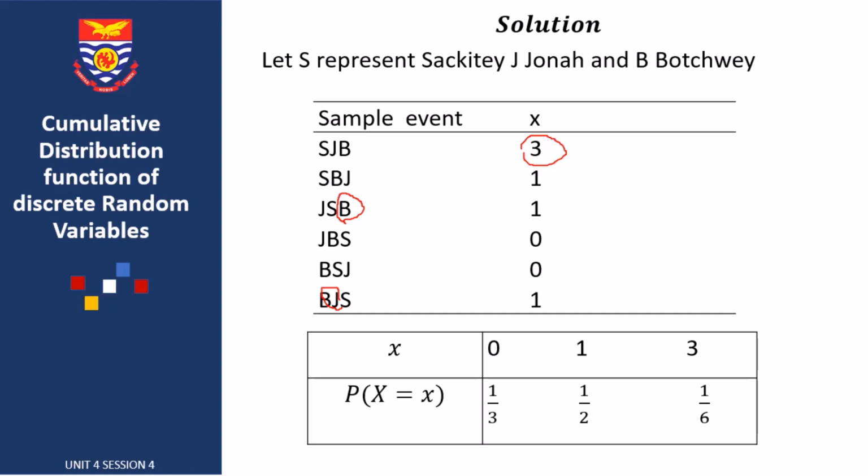And out of the 6, we have 3 ones. That will give us 3 out of 6, which is the same as 1/2. And the 3 occurs only once, so we have 1 out of 6. You see the random variable X with its corresponding probabilities.